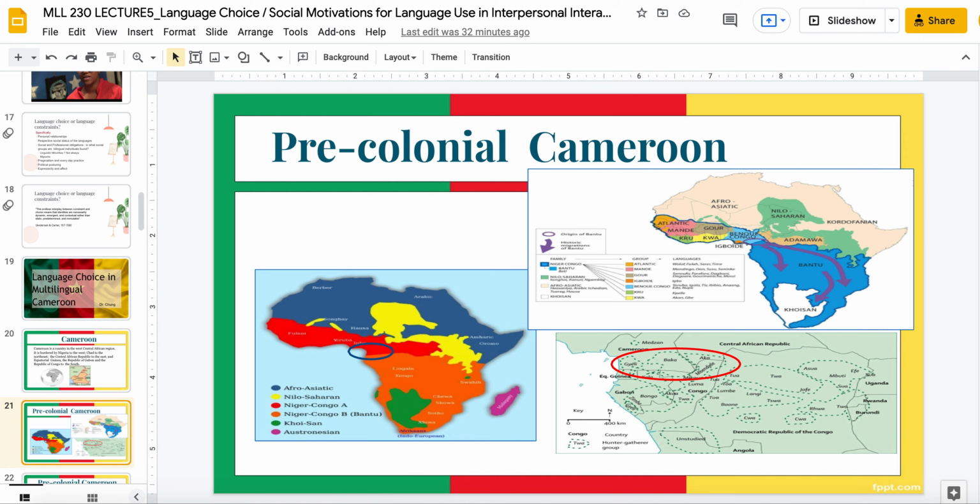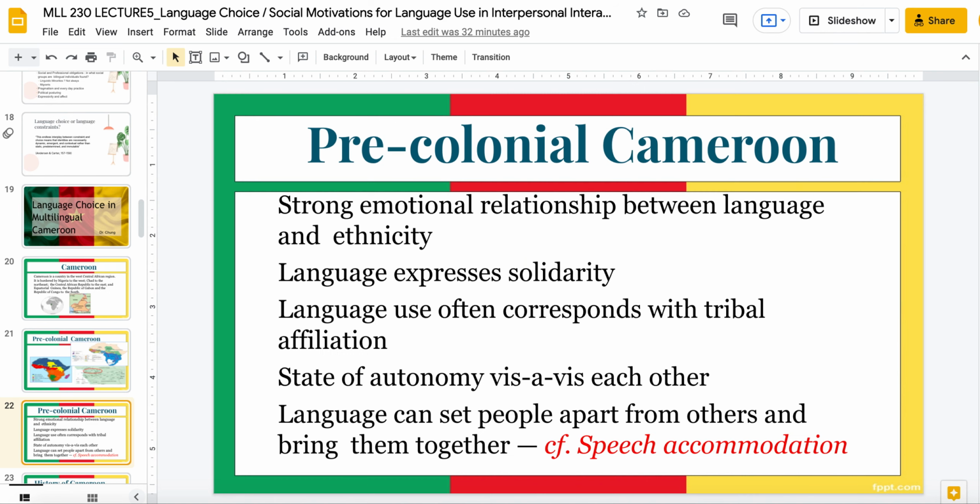Each tribe has their own language. Each tribe has their own custom and culture, right? And so, again, when we talk about borders in this class, please note that the borders aren't necessarily defined. People aren't defined by their borders. Languages aren't defined by borders, right? And so, just keep note of this when you are doing the readings about Cameroon.